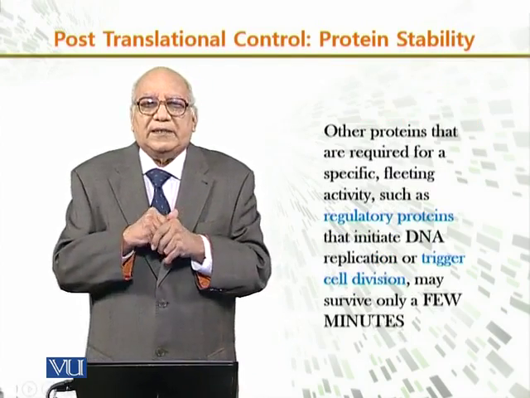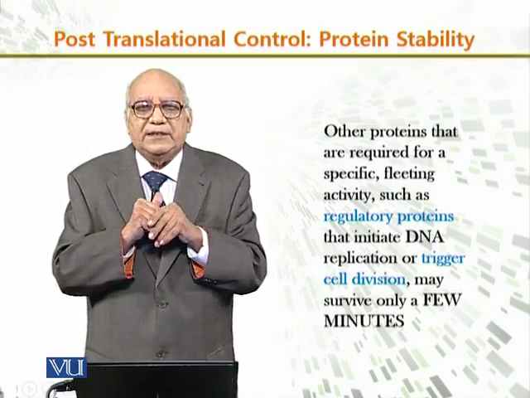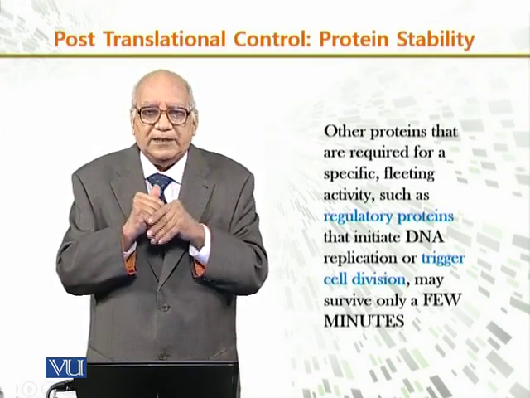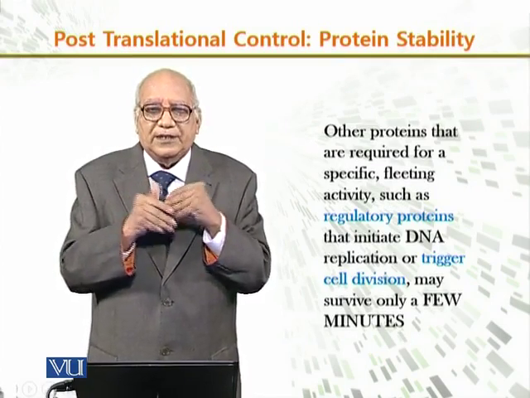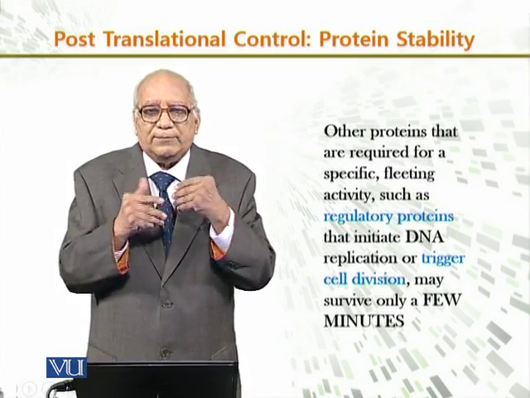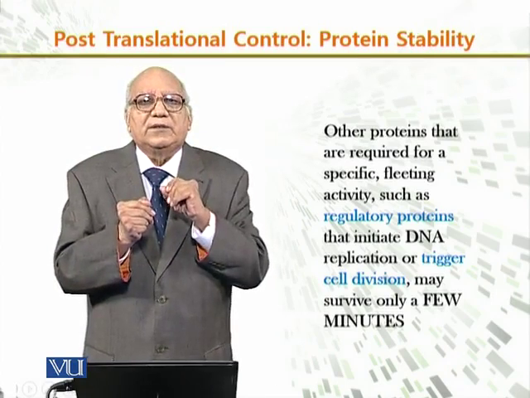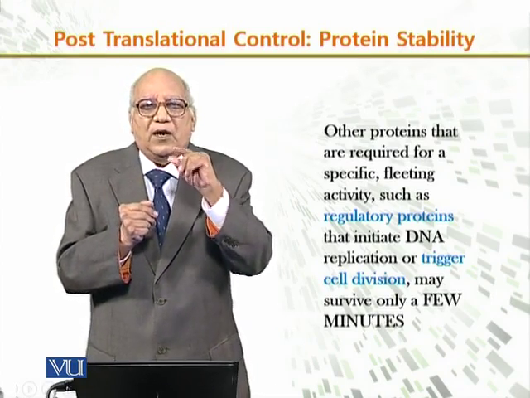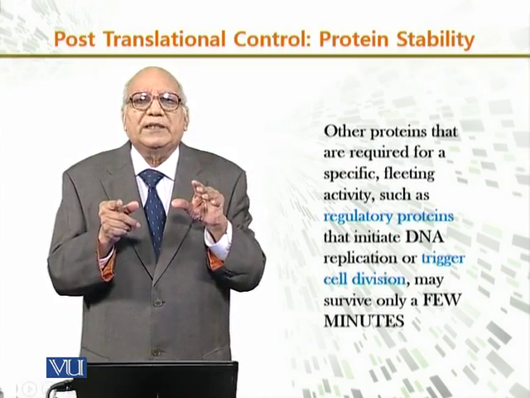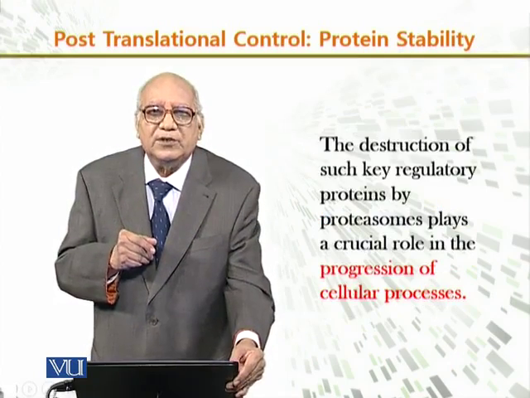Other proteins that are required for specific fleeting activity, such as regulatory proteins that initiate DNA replication or trigger cell division, may survive only for a few minutes. So regulatory proteins are needed for only a few minutes. So these are the ones which are to be destroyed.